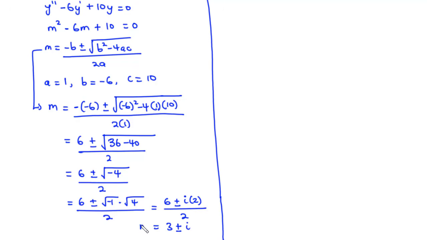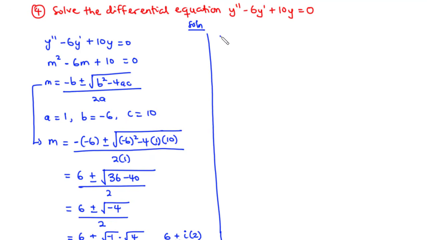This is the value of m. So m equals 3 plus or minus i, which is equal to alpha plus or minus i beta. So what this means is that alpha is 3 and beta is 1.